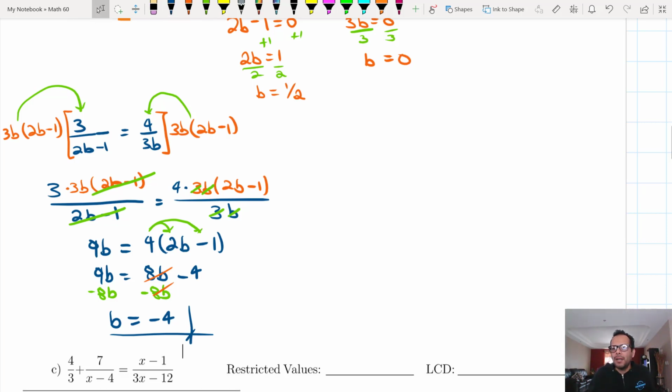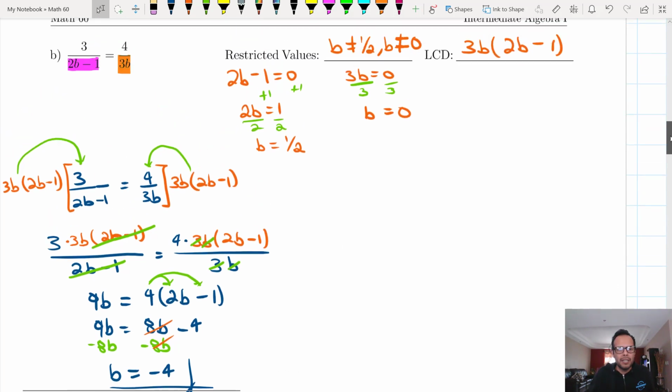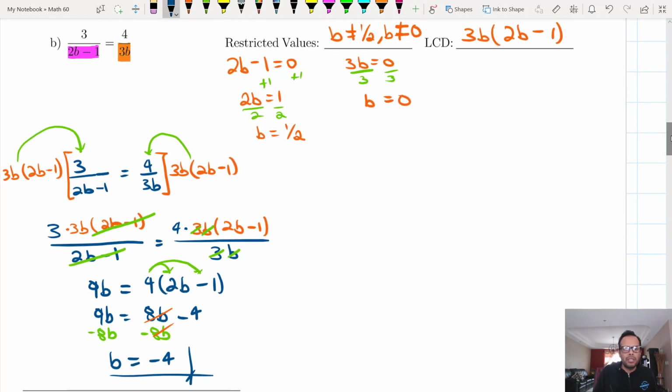Now, let's go up a little bit here. Let's compare with the restricted values. The question is, is b equal to negative 4 equal to any of the restricted values? b equals 1/2 or b equals 0.